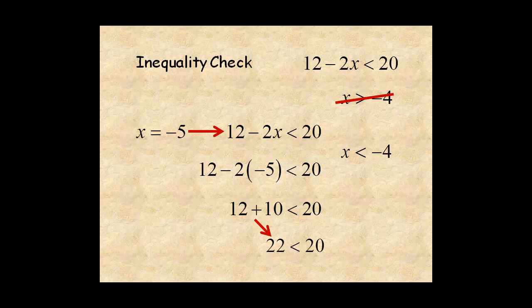And since 22 is not less than 20, the solution would not check. You would realize that you had made an error. The solution must be x greater than -4. You can see that an inequality check is important.